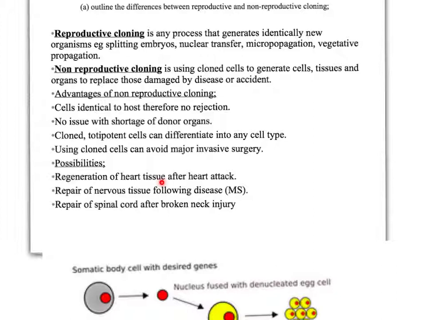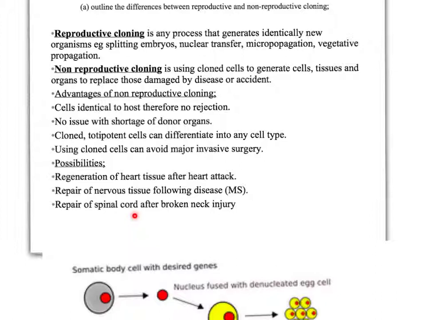And then also talked about repair of nervous tissue following disease or after some sort of accident, broken neck type injuries. If we could grow new nervous tissue at the area of damage on the spinal cord, it's possible that we might be able to return some function to the patient.